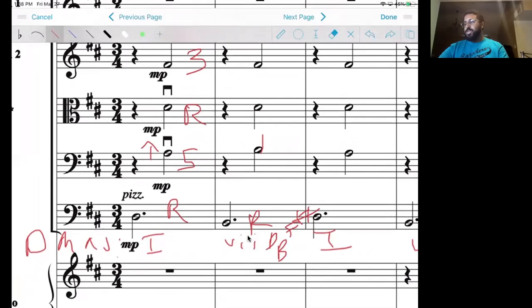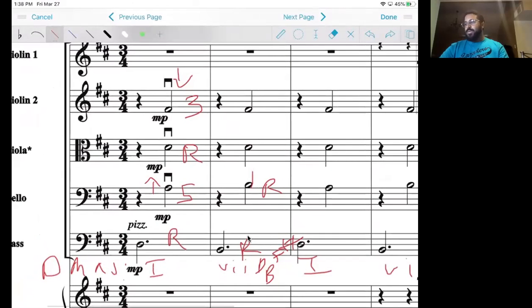So root, cello, root. Our violas are playing D, so they actually are our third. And then F sharp is still here. Now notice that just from one note being changed, the cello going up to B, changes everything.